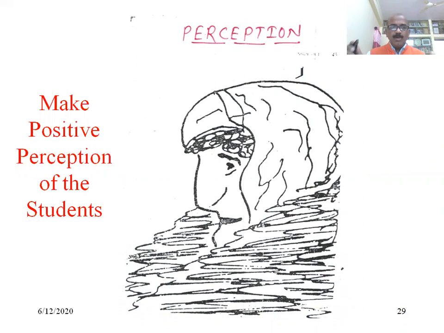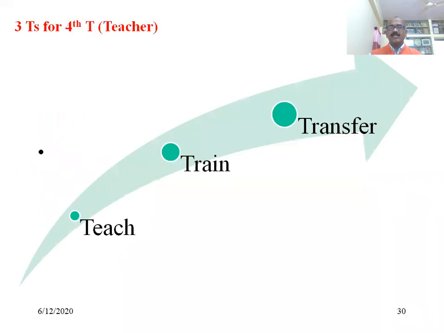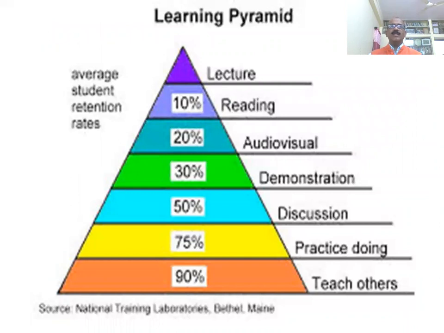For such positive impressions, positive perceptions, and positive attitude among the students, interactive learning is necessary. For teaching, we have to teach, we have to train, and we have to transfer as a teacher, and for this, interactive learning is very much essential.